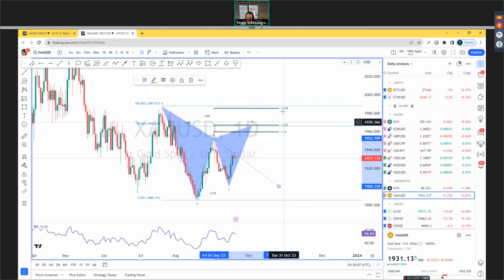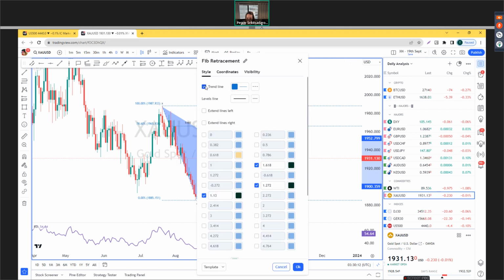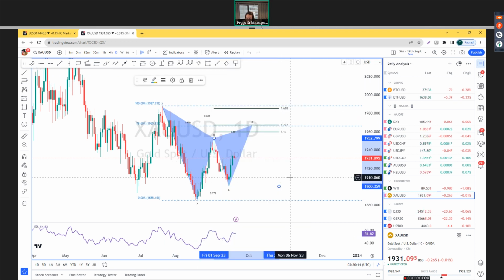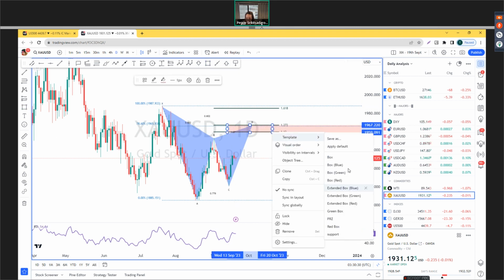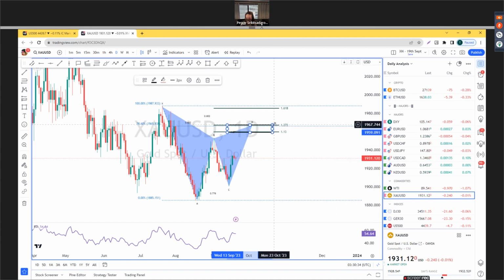Okay, this is my BC extension. So what I mean by PRC zone: basically, this has 78.6% lining up with 127.2%. So I think this zone could be my PRC zone here.